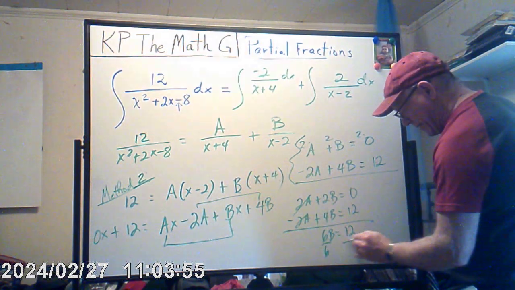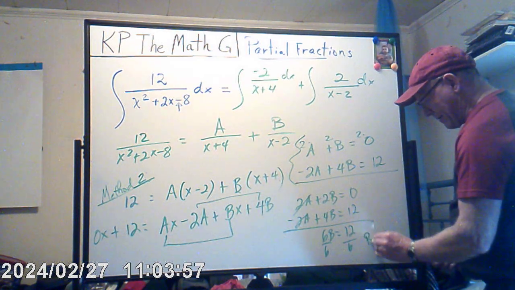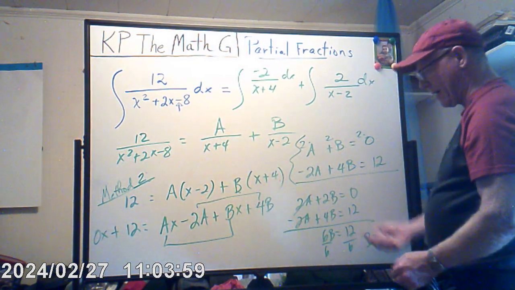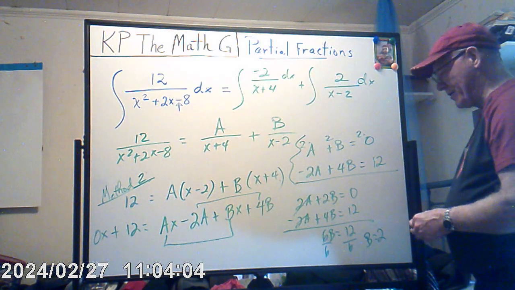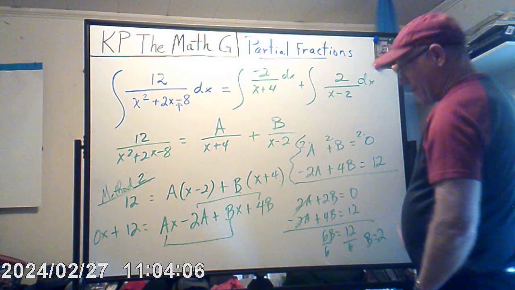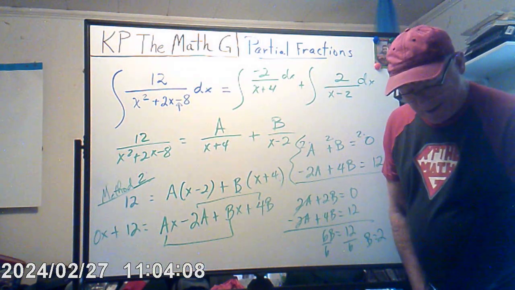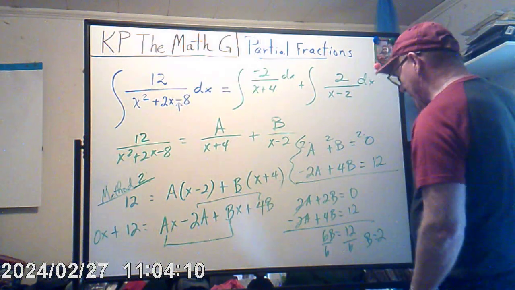Some of you might say, well, I did it that way. B is equal to 2. You can do that. That's what I call method 2. That's the B part. And the A is done exactly the same way.